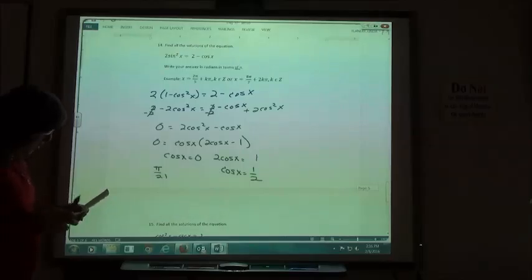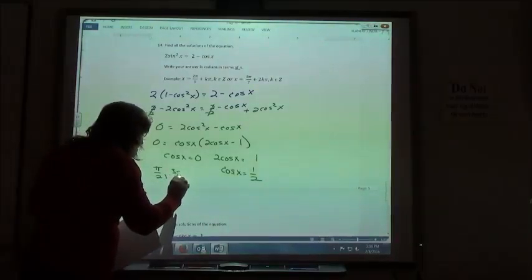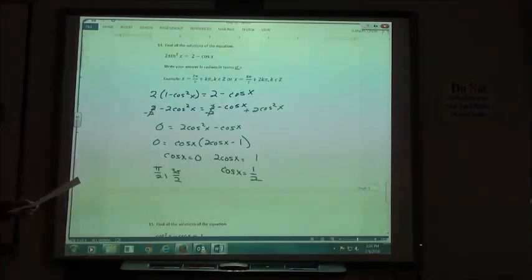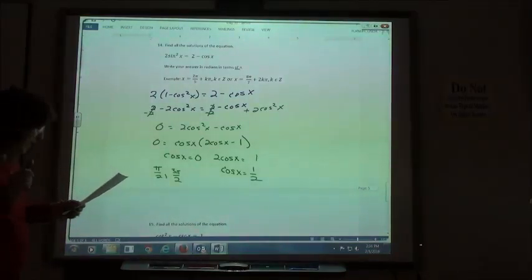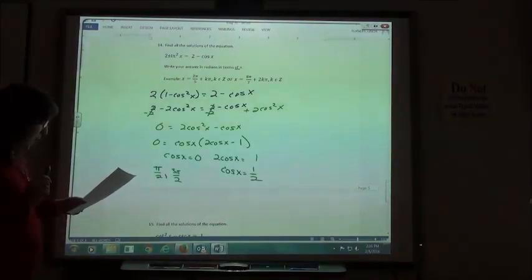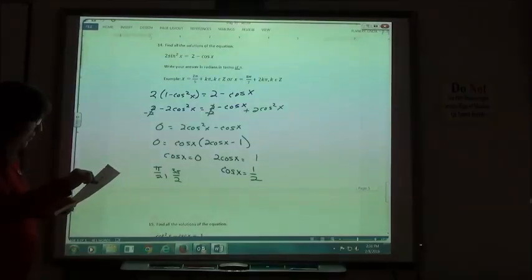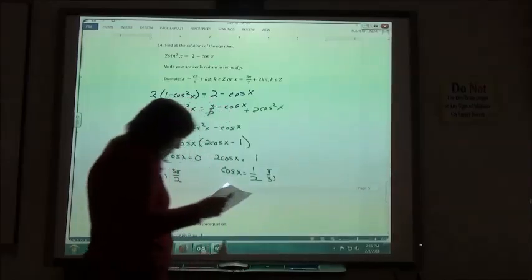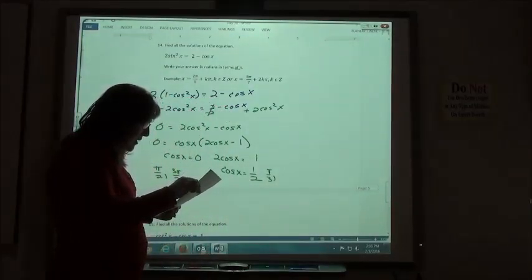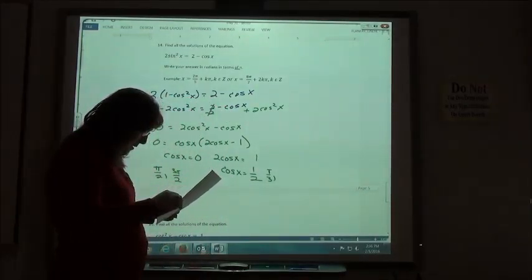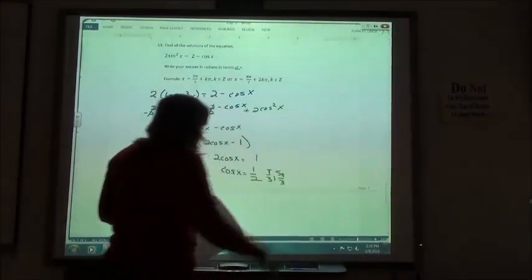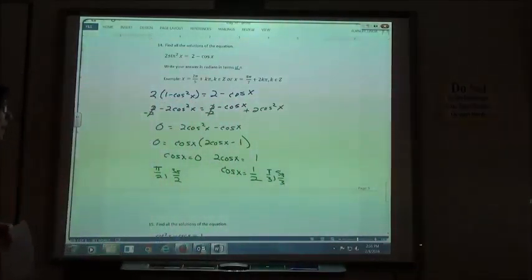Cosine equals 0 at 3 pi over 2. Those ones I'm going to be able to combine because they're 180 degrees apart. Cosine of x equals 1/2 at pi over 3 and at 5 pi over 3. Those ones I'm not going to be able to combine. They're more than pi apart.